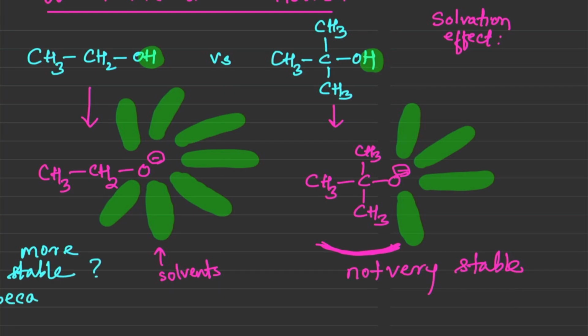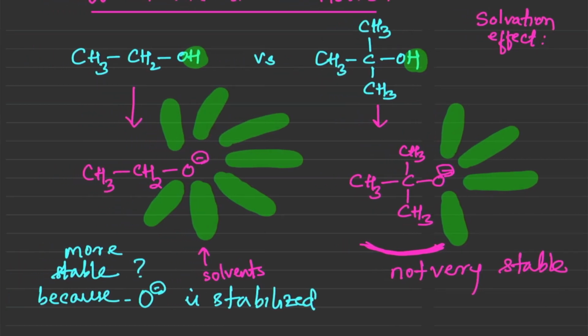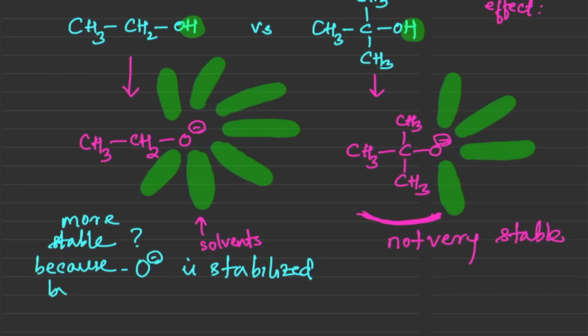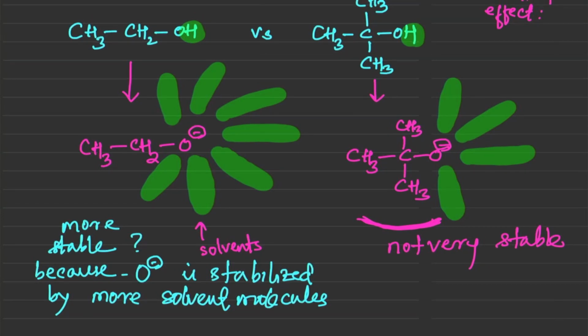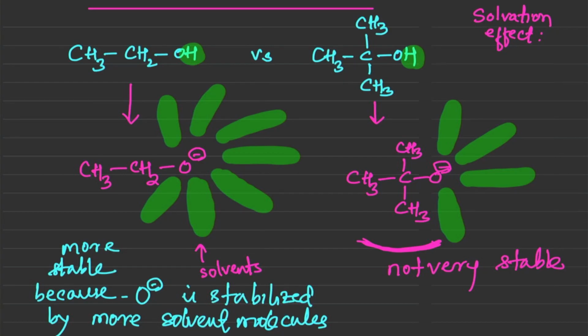Because the O negative is stabilized by more solvent molecules. So now the structure on the left is more stable.